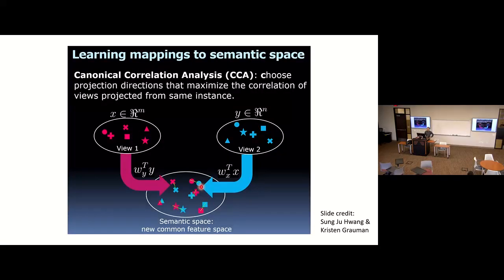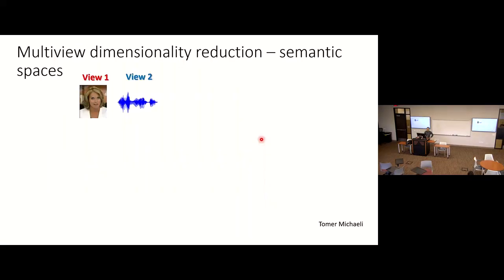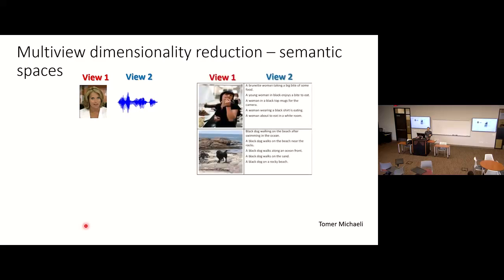To illustrate what the semantic means, think about this. This is a database of pictures. So you have a lot of people's pictures, and in another database, you have their voice files, the sound signal files.